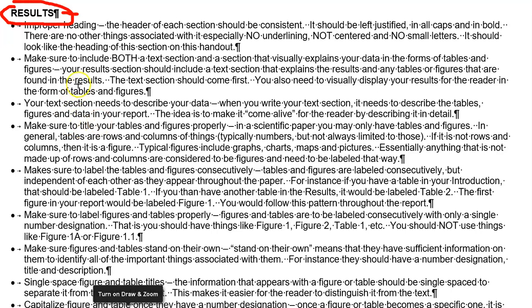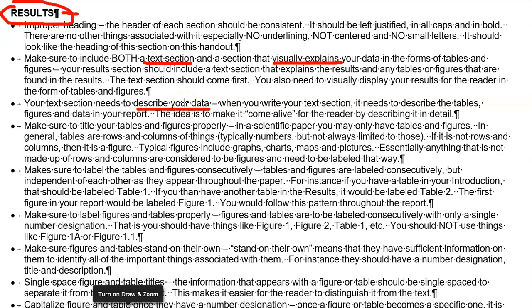For the results, one of the biggest problems students have is they don't have both a text section and a visual explanation section. So you should have a text section at the beginning. That's words that describe the table. So your text section needs to describe the data.